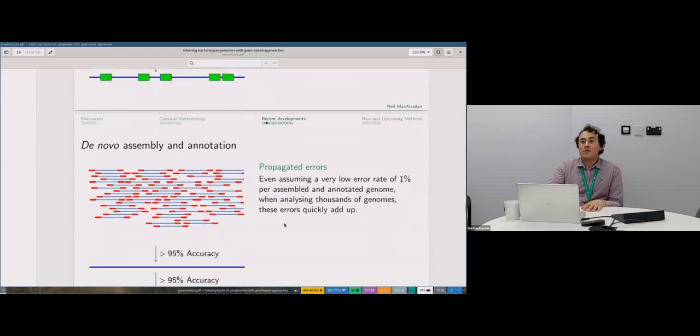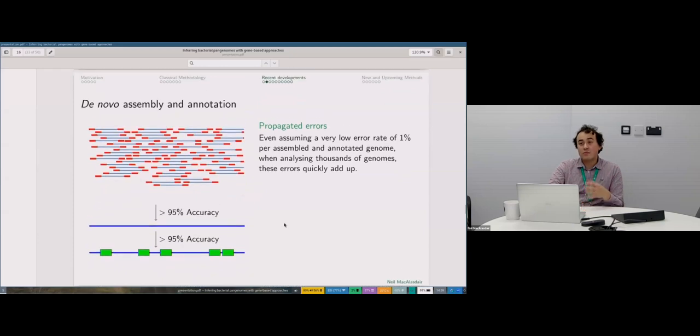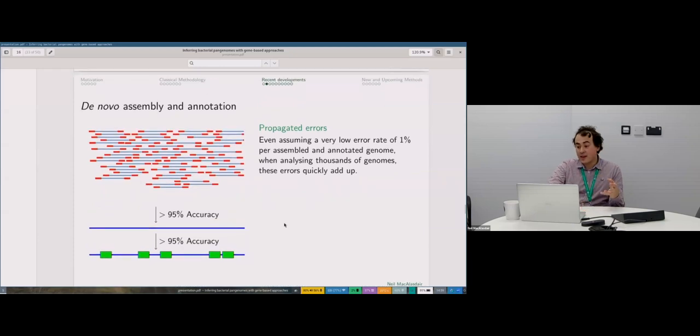But we found that even if you assume the lowest error rate of 1% per assembly and annotation, when you analyze hundreds to thousands of genomes, which people began doing in the last 10 years, even those very infrequent errors add up to mean that your resulting pangenome analysis may have thousands of errors.